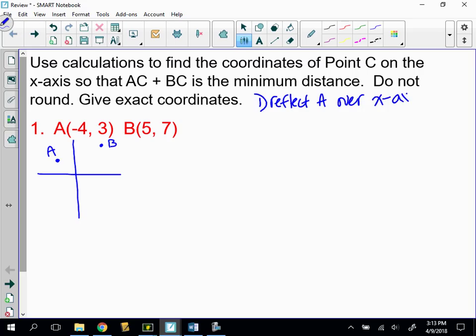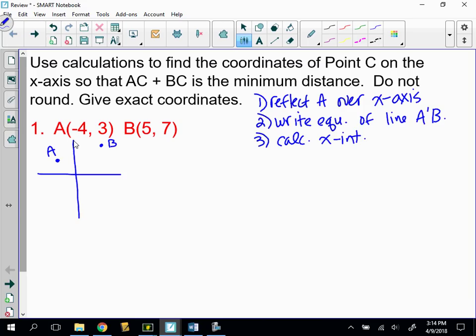Step 2, we are going to write the equation for the line of A prime B. And then step 3, we're going to calculate the x-intercept.